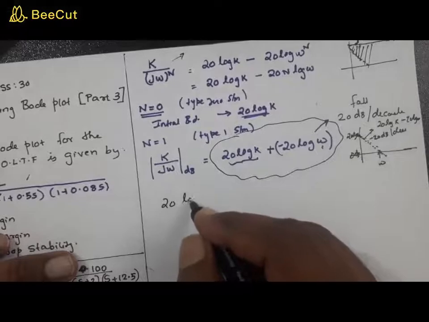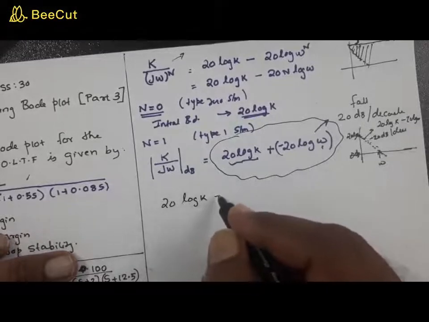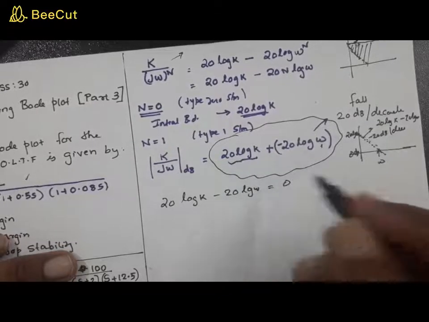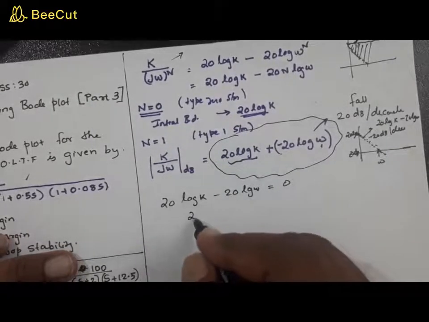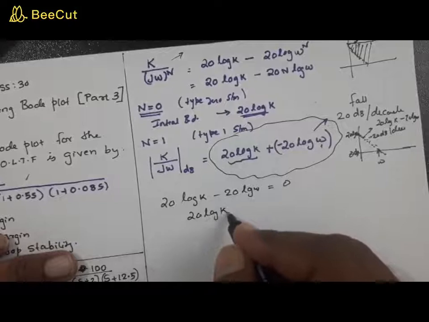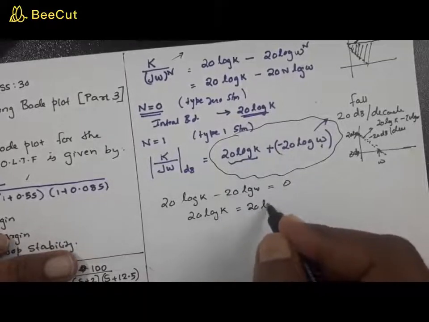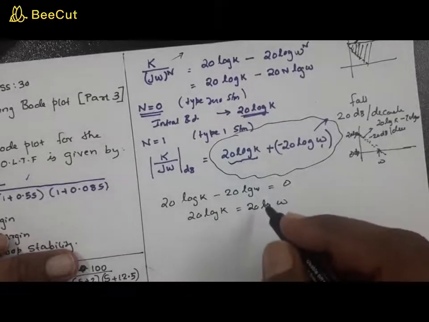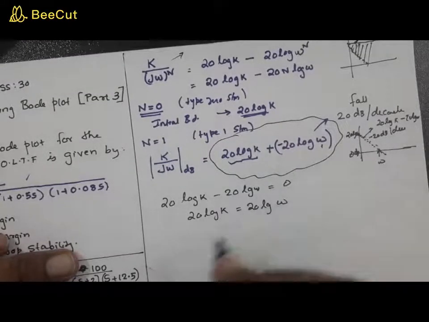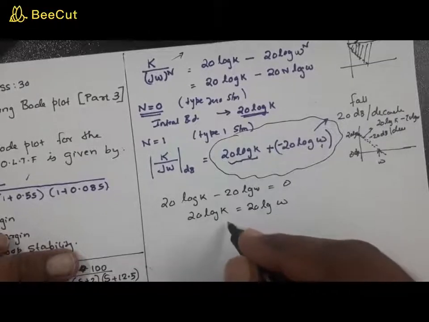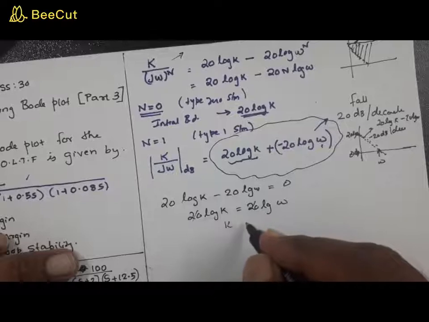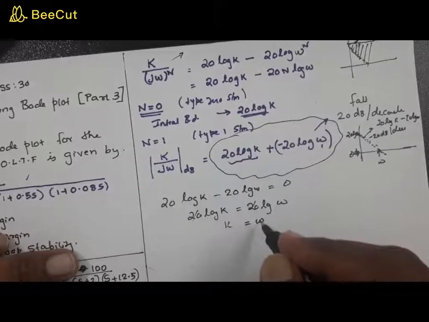So 20 log k minus 20 log omega is equal to 0, or 20 log k is equal to 20 log omega, right? So when you take the anti-logarithm, you will be getting k is equal to omega.